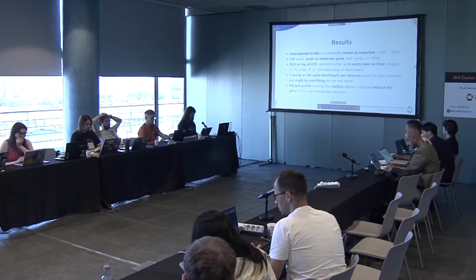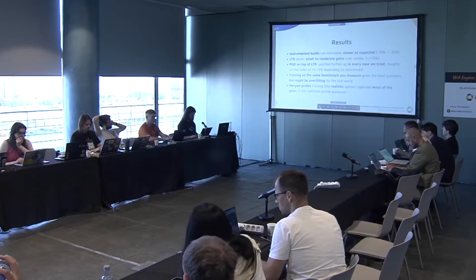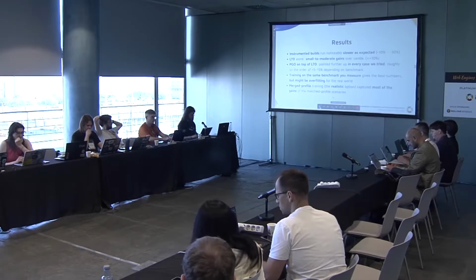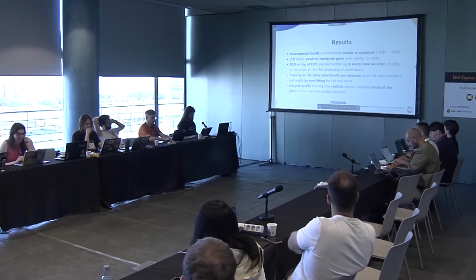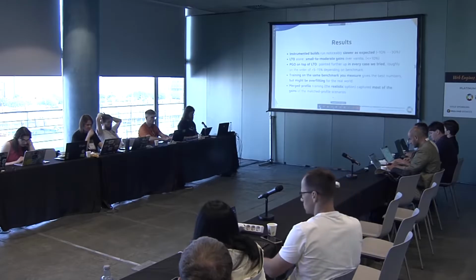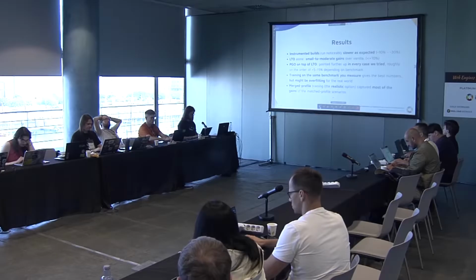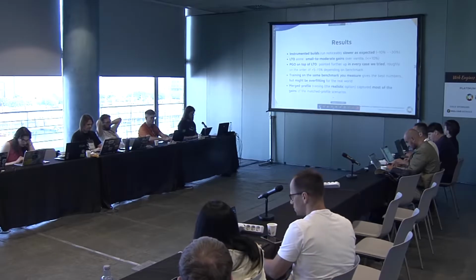So the instrumented builds were slower, as expected, from minus 10% to minus 30%. LTO alone was often under 10% improvement. This is related to the scores, because we built the optimized versions and then ran the benchmarks.